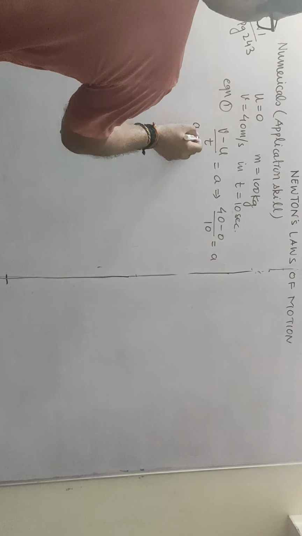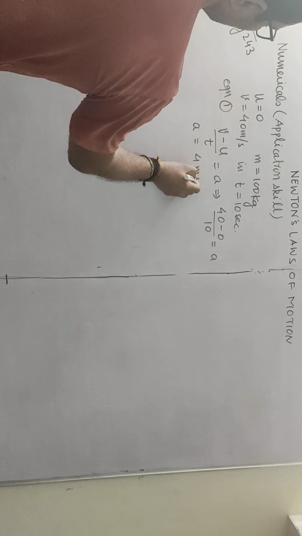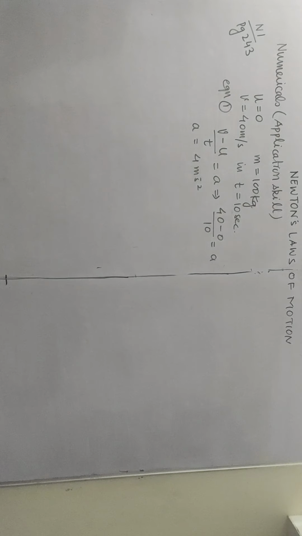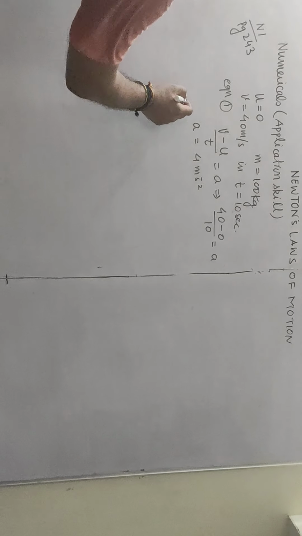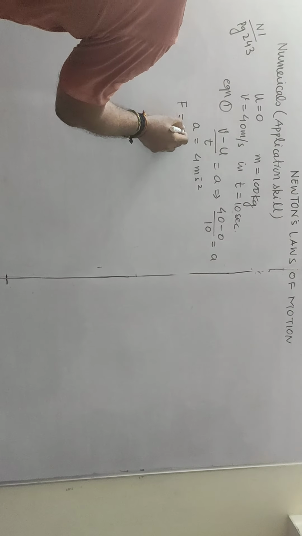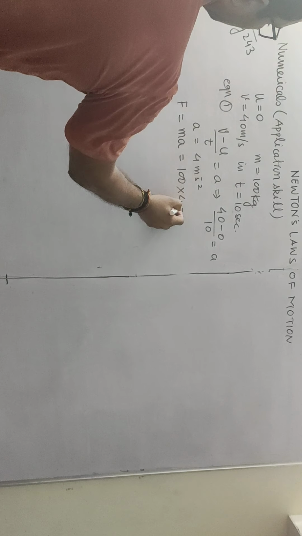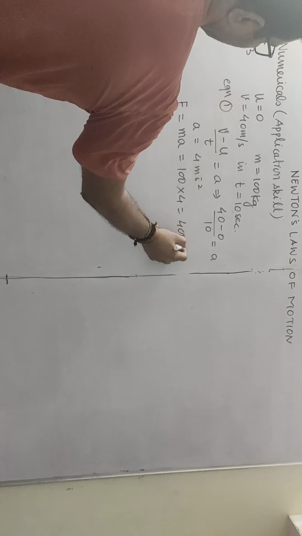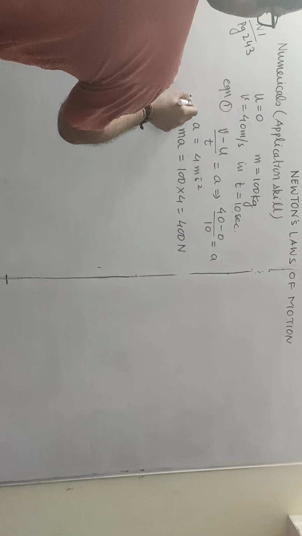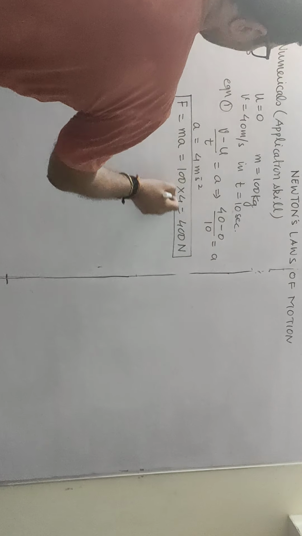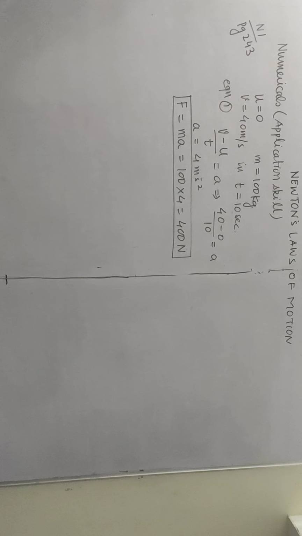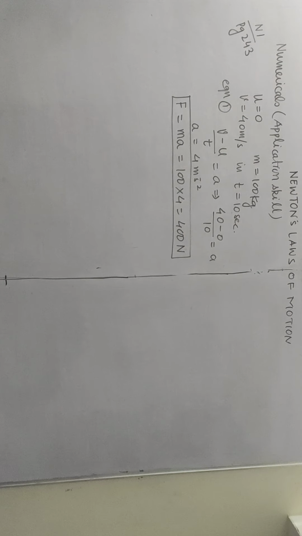So a is 4 meter per second square. Now what is the net force acting? F is equals to ma, that is 100 into 4, which is equals to 400 newtons. This is the answer for the first simple question. This is only a warm-up exercise for your numericals.